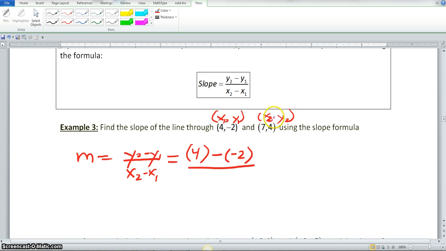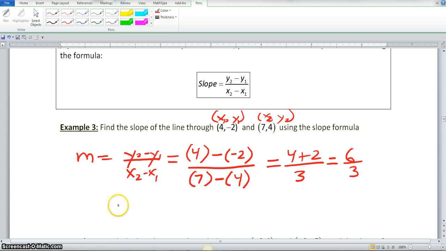Divided by x sub 2, which is the x in the second ordered pair, minus x sub 1, which is the x in the first ordered pair. So we have 4 minus a negative 2, which we know will give us 4 plus 2. And 7 minus 4 we know is 3. So this will give us 6 over 3. So our slope would be 2, because we know both of these can be divided by 3, and that would give us 2 over 1.